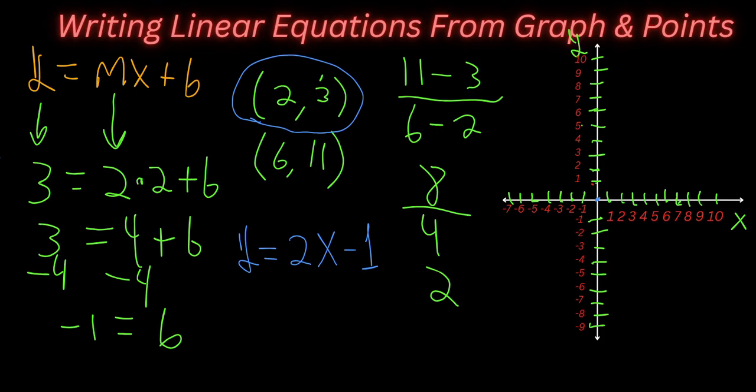And we can graph that by going to the y-intercept of -1 here and having a slope of 2. So we're going to rise 2 for every 1 we run. 1, 2, 1. And that's 2 points, and now we simply connect them together.